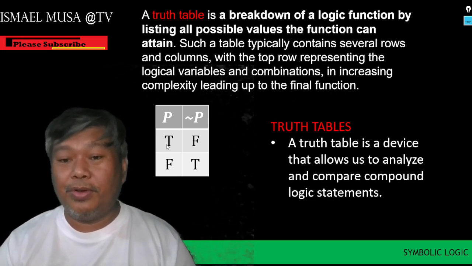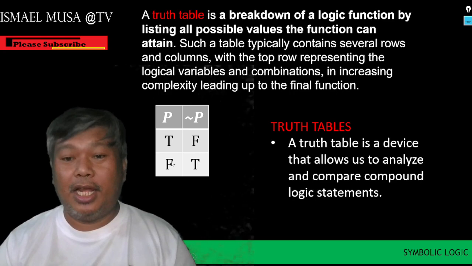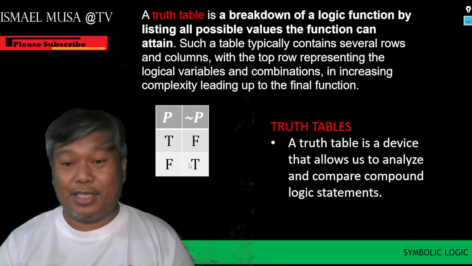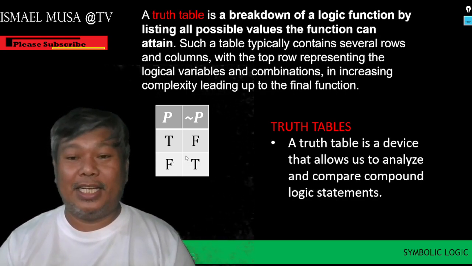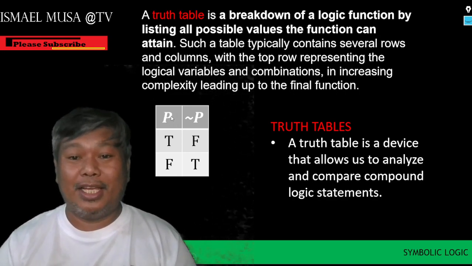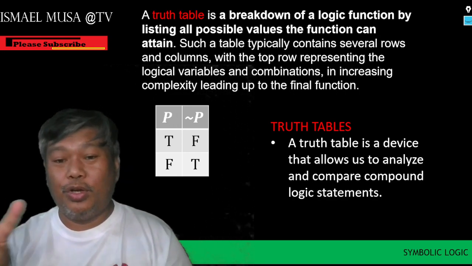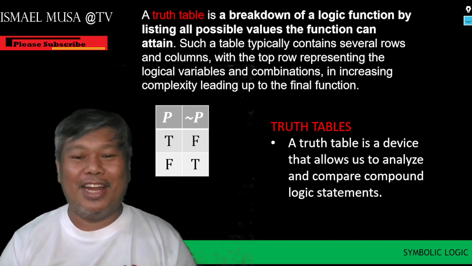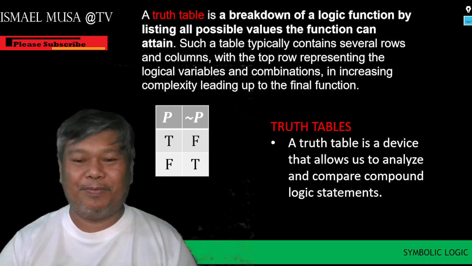It's either true or false. Then of course, we know that the negation of true is false and the negation of false is true. So in other words, each proposition can be assigned one of two truth values: true or false.